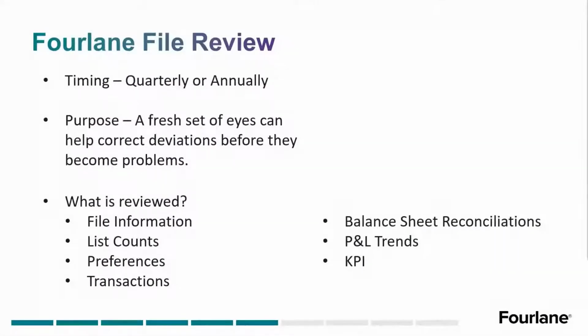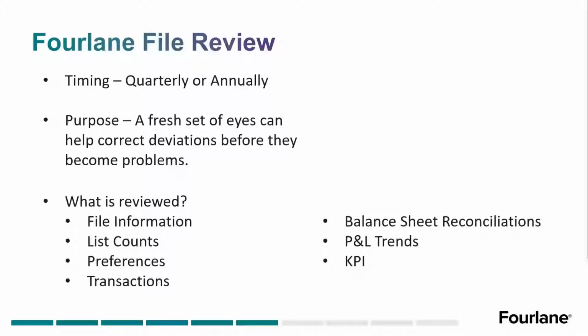All right, file review. So again, we call this a file review. It's not a fancy name, not some great marketing thing here, but basically, timing-wise with our customers, we like to tell them either quarterly or annually based on the level of staff that they have, right? A lot of people have maybe an accounting manager on staff. Maybe they have just an office manager who's running their books.